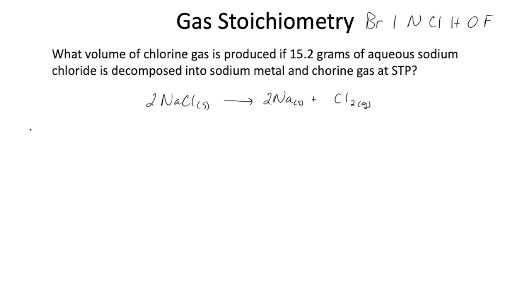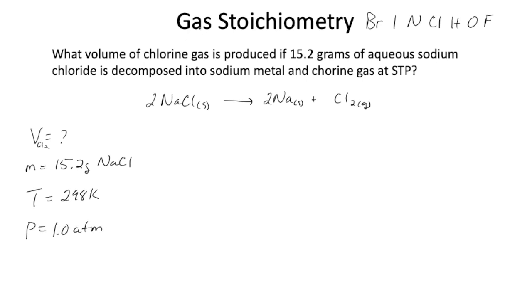We are looking for the volume of chlorine gas. We're given the mass of sodium chloride to be 15.2 grams. STP means that our temperature is 298 K and pressure is 1.0 atmosphere.